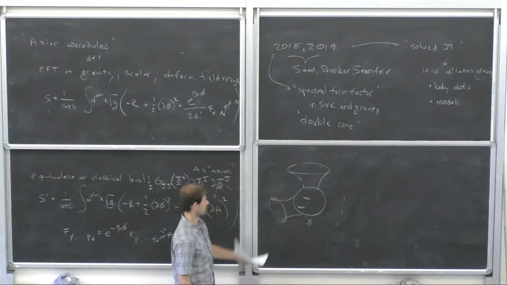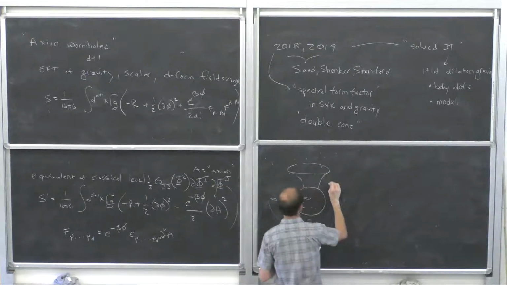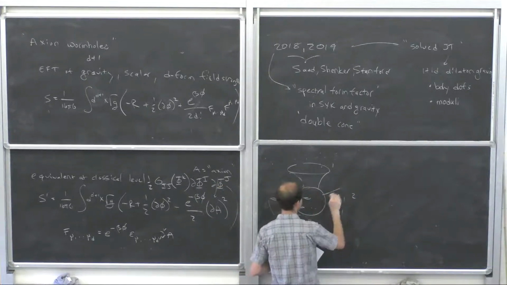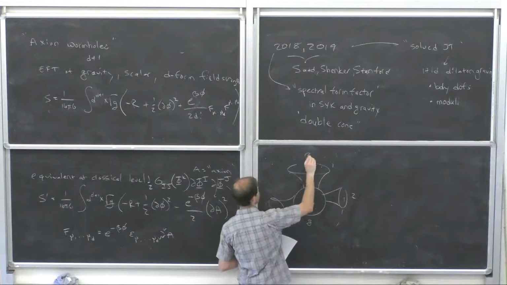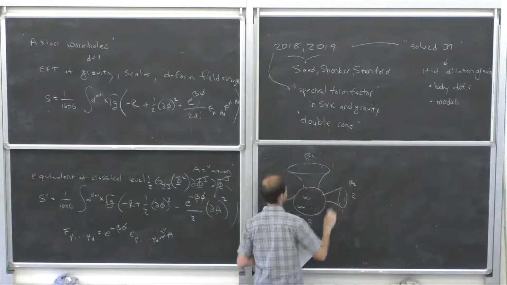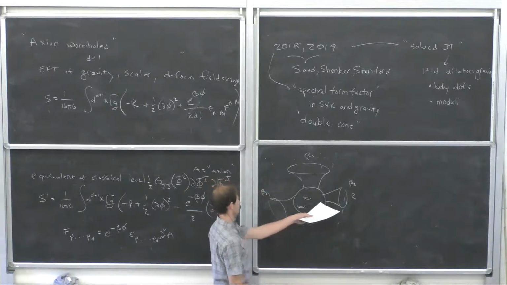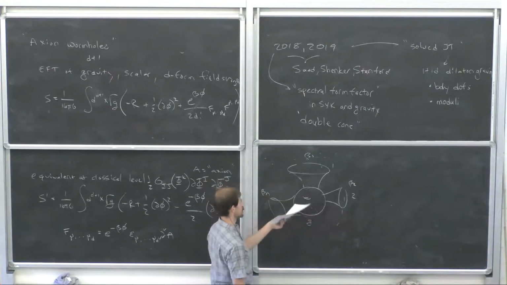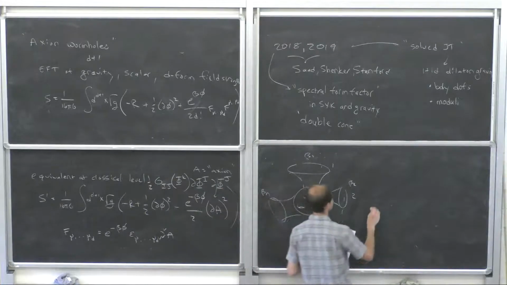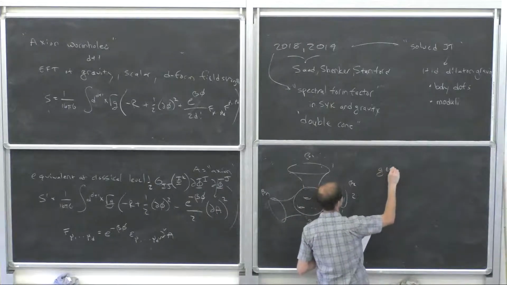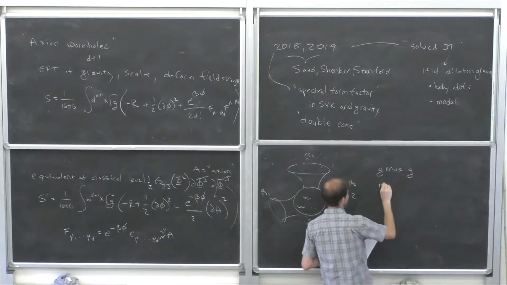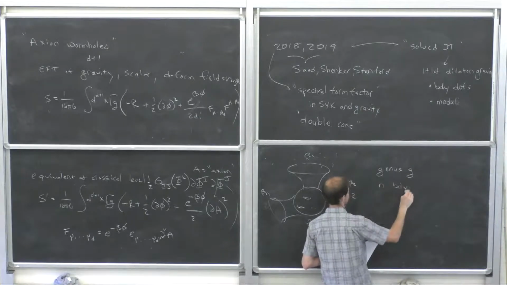So these are manifolds with n asymptotic regions that are all circles. They have Euclidean lengths beta 1, beta 2, up to beta n, and those asymptotically hyperbolic regions are attached to some higher genus surface. So these are genus g surfaces with n boundaries.